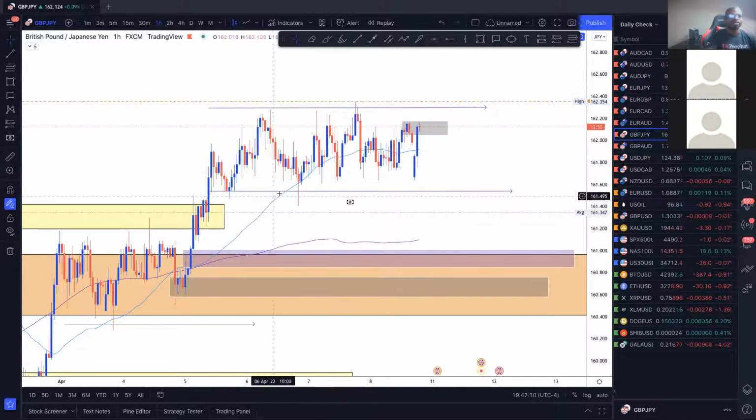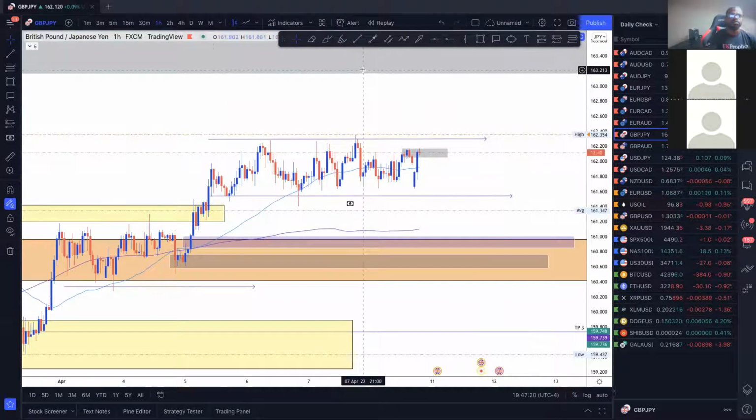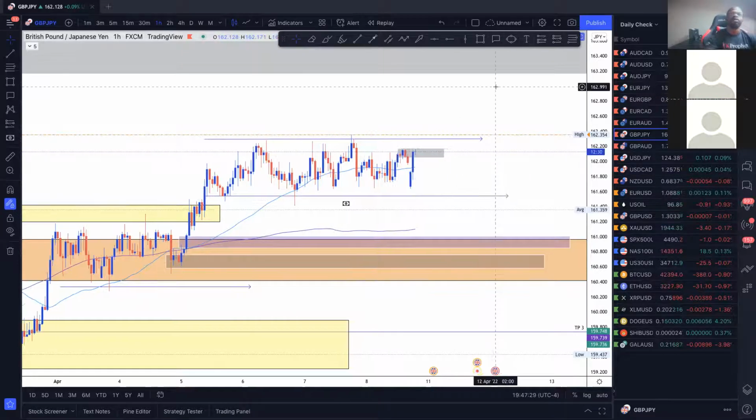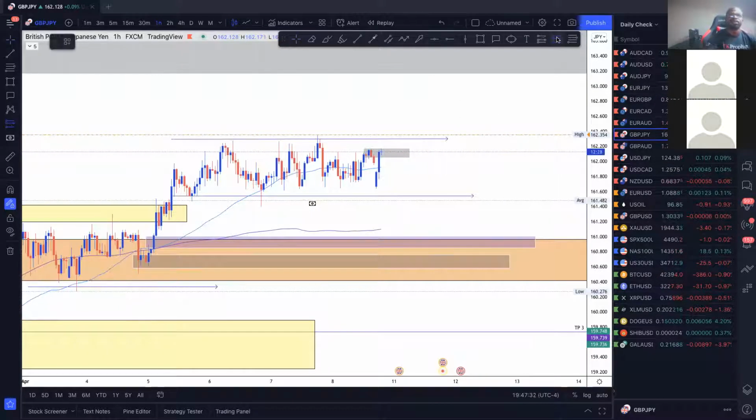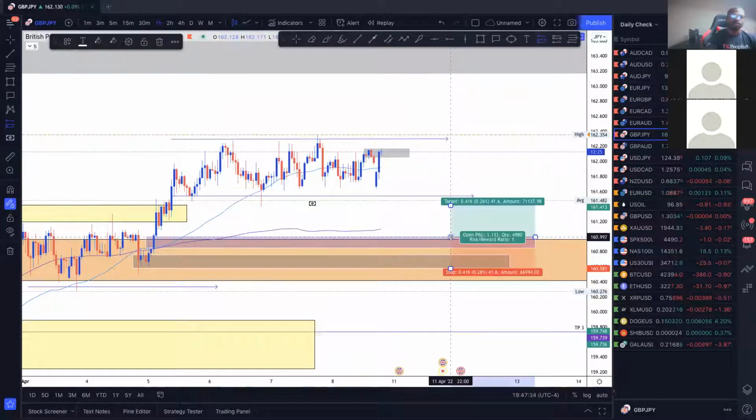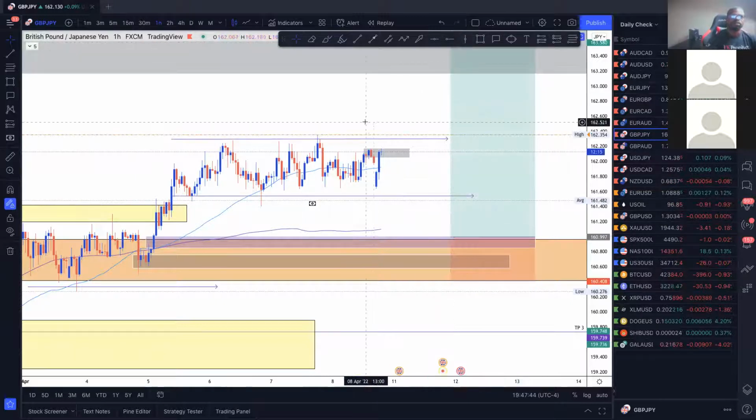Now, if that imbalance was within or further below or above, we wouldn't take it. But since right underneath this liquidity, the first zone we see is this imbalance zone, this will be a good place to put our entry, even if we give ourselves a little more room for our stop loss. All right, so putting our stop loss underneath that double bottom, this will still be a good setup.